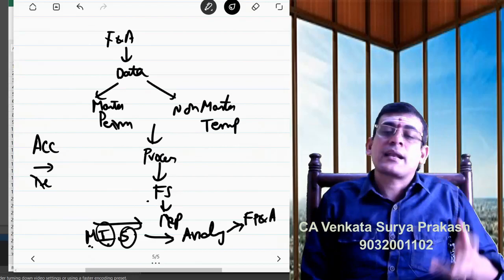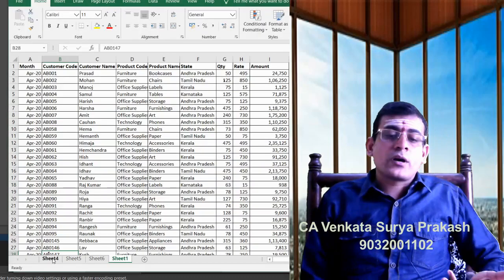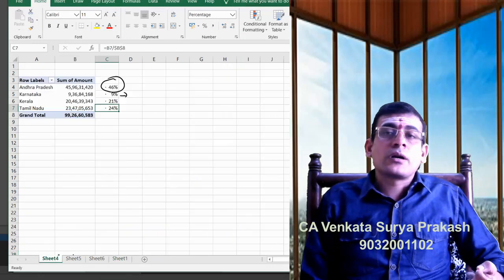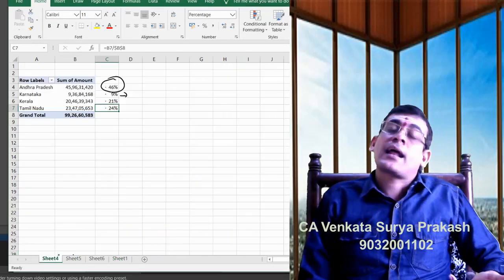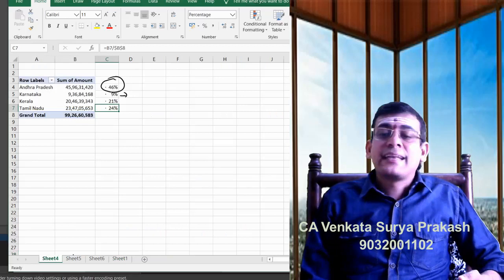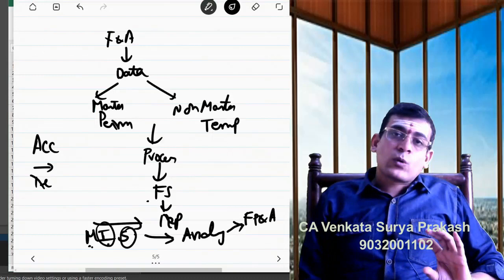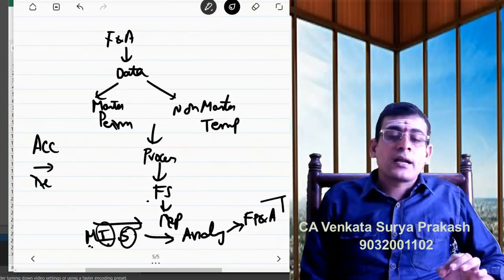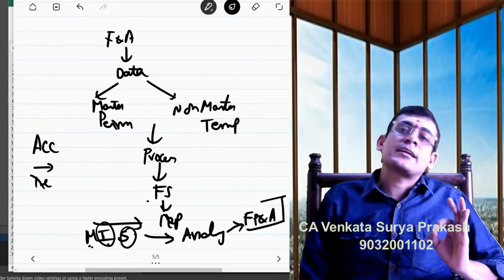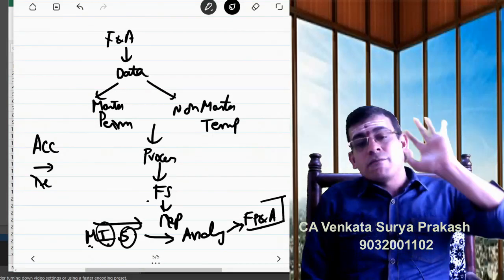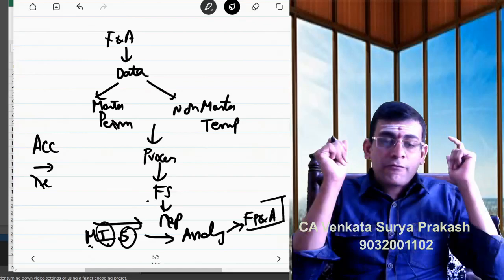Once you enter the role of a management accountant in a company, you'll be doing this sort of analytics. That is data analytics, where you are doing analysis. That is the role and task performed by a department in an organization called financial planning and analysis. We'll discuss the entire thing in detail. We'll take a few examples.